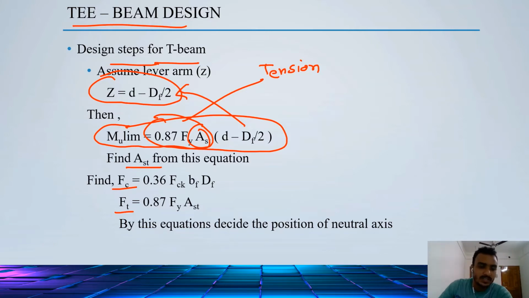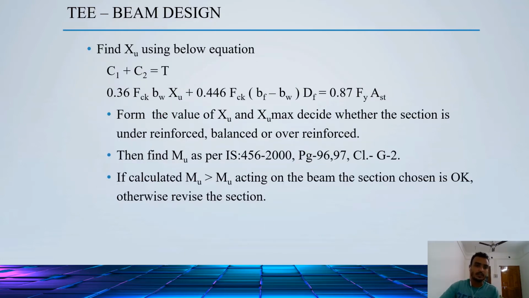By this equation we can decide the position of the neutral axis, and for the neutral axis, C1 plus C2 is equal to T. So what is C1? 0.36 FCK BW XU. C2 is 0.446 FCK (BF minus BW) into Df, and T means tension, 0.87 Fy AST.